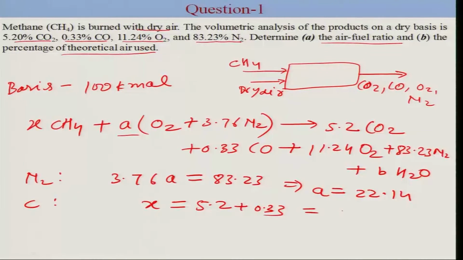So, that gives X equal to 5.53. Okay. And similarly for hydrogen, 4x equal to 2b, that means b equal to 11.06 using x equal to 5.53.